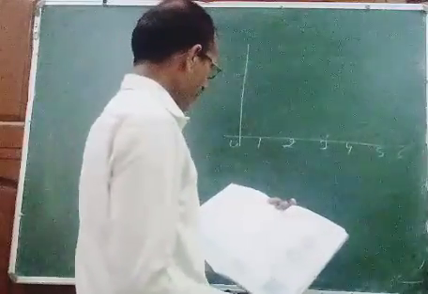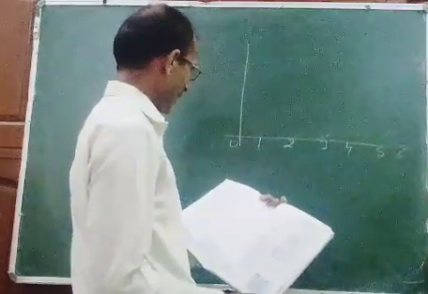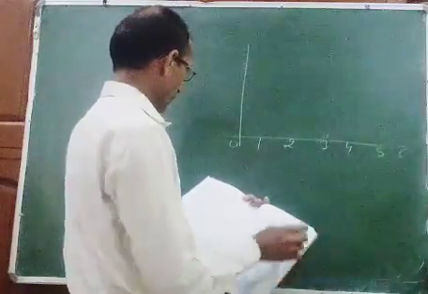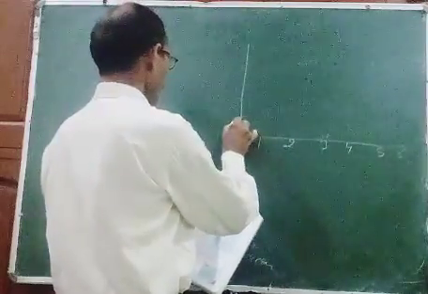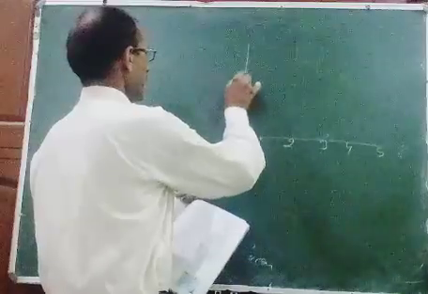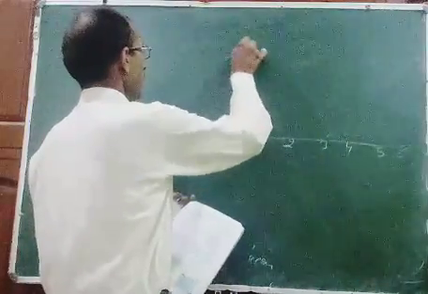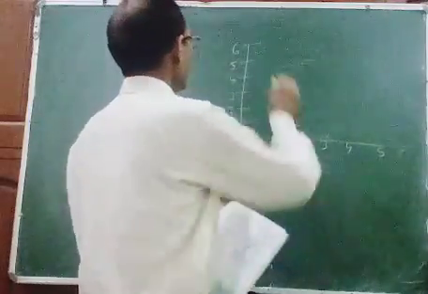So this is 0, here will be 1, 2, 3, 4, 5, 6, like this.